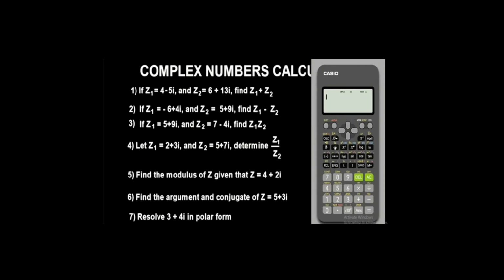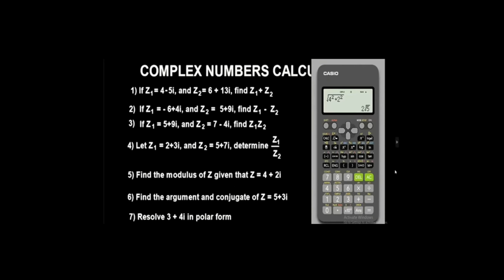Just do the square root of the square of 4 plus the square of 2. Don't include the i sign, guys, when expressing your solution for modulus. This is basically how you can do it. Press equal to, and you get the modulus 2 root 5. So that's it for question 5.